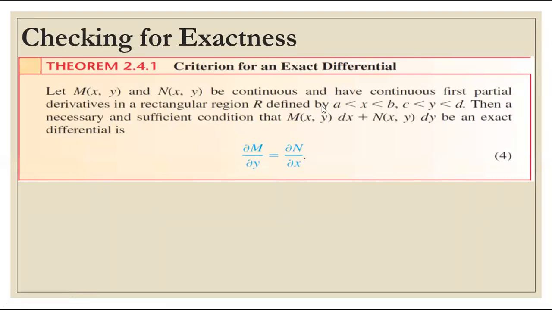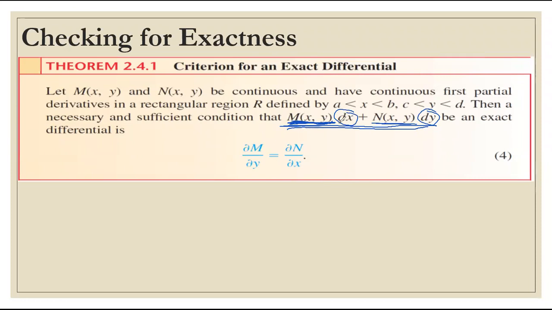So you have in this theorem this form, the differential form: function times dx and function times dy. Let us agree always that the coefficient of dx is m, and the coefficient of dy is n.